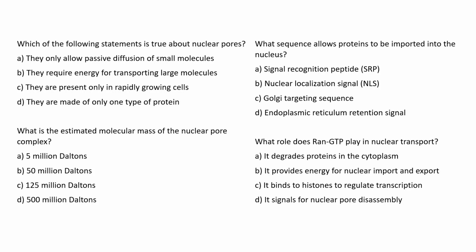Okay, last question. What role does RAN GTP play in nuclear transport? So I mentioned that there is active transport that occurs with the nuclear pore complex as well for certain molecules. So RAN GTP does something there.